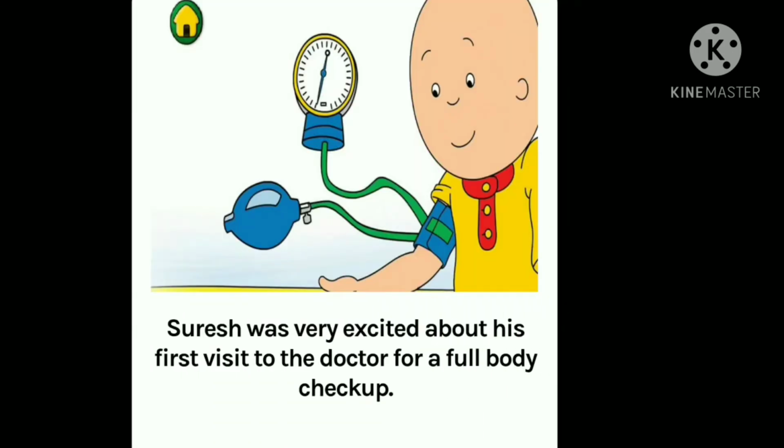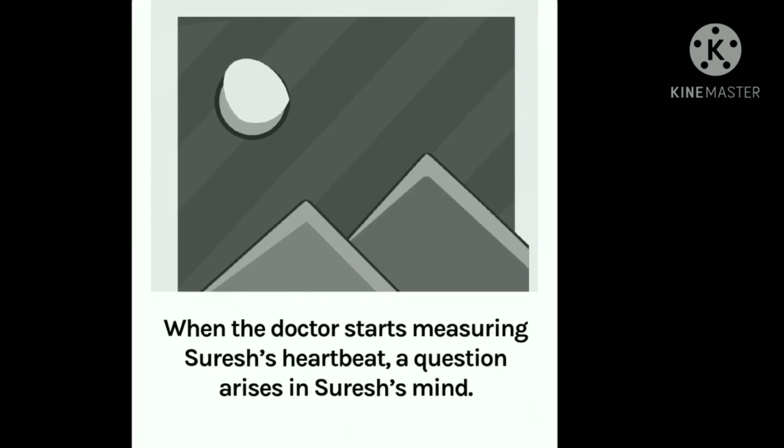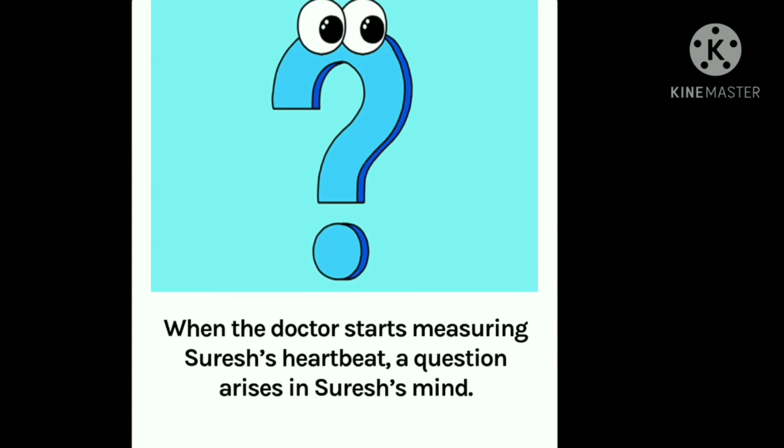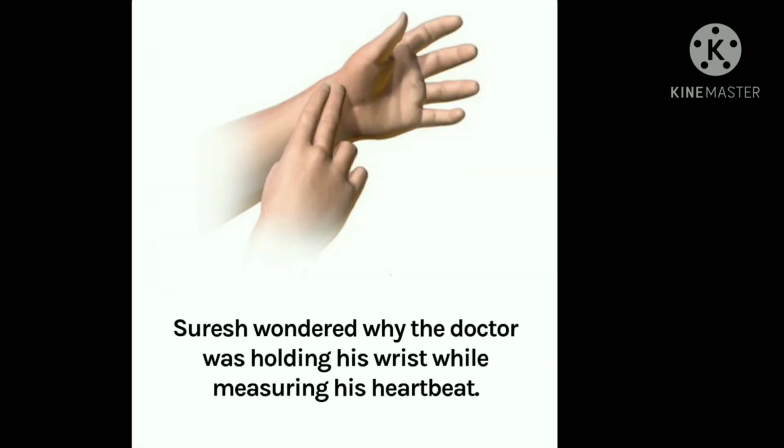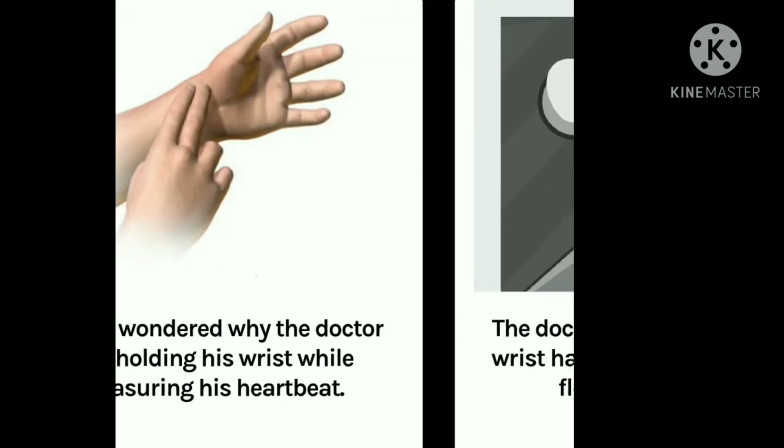So Suresh is very excited about his first visit to the doctor for a full body checkup. When the doctor starts measuring Suresh's heartbeats, a question arises in his mind. What question arises? Suresh wondered why the doctor was holding his wrist while measuring his heartbeats.